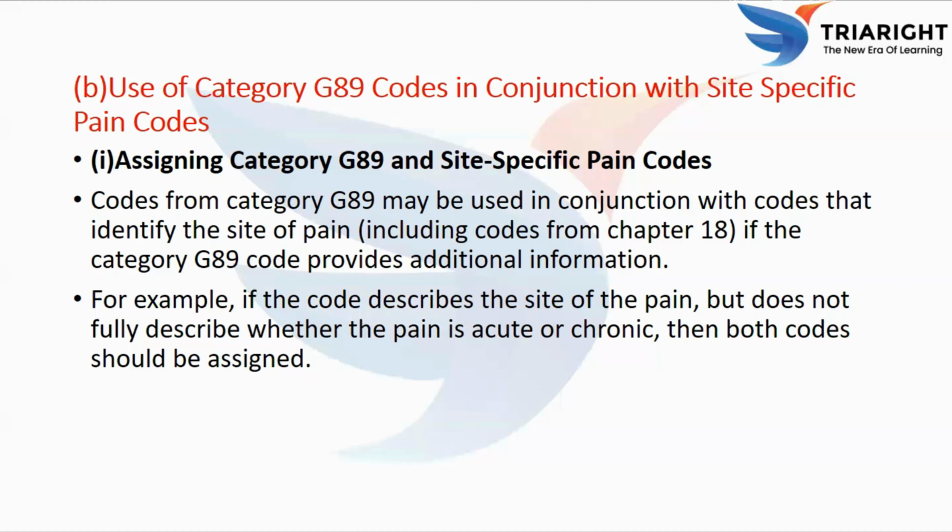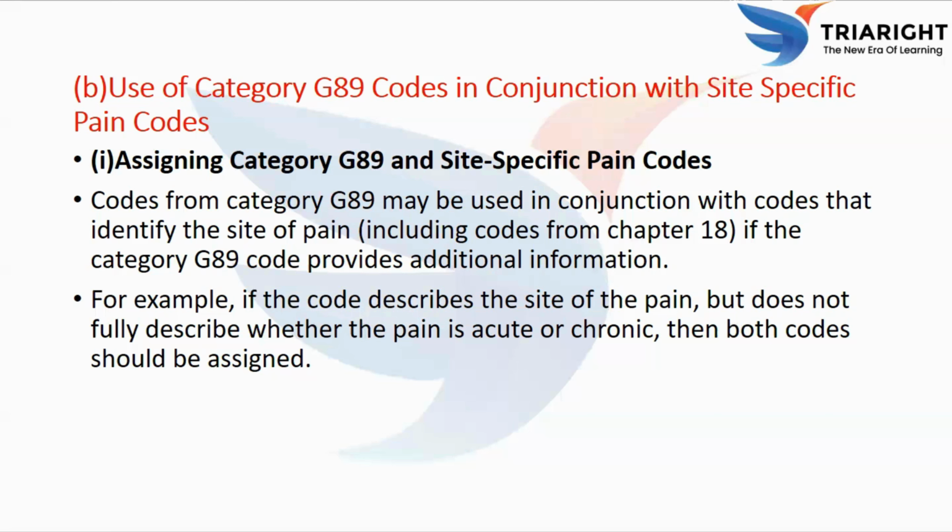For example, a patient has chronic low back pain. What codes do you have to assign? M54.50, low back pain, tells where the pain is. And G89.29, other chronic pain, tells the type of pain. So you have to give proper coding: where the pain is and what the type of pain is.